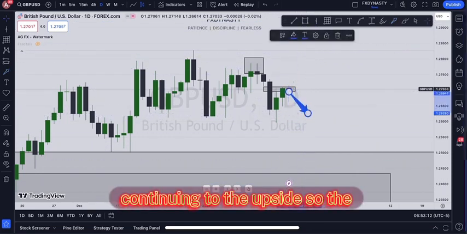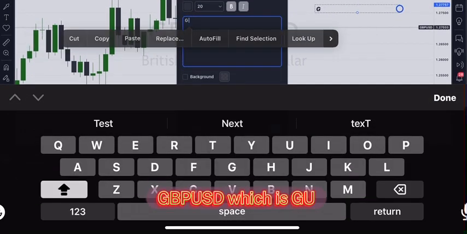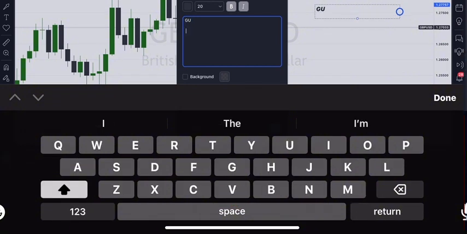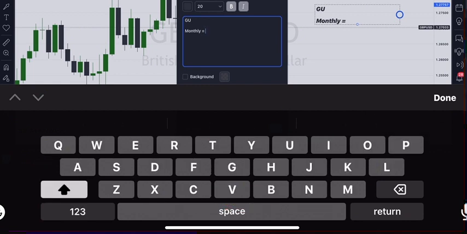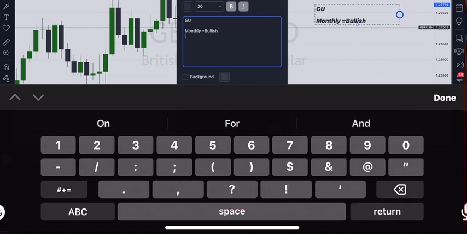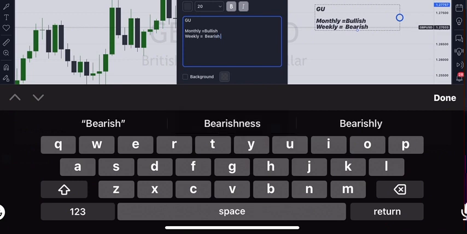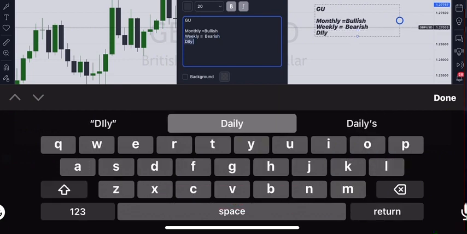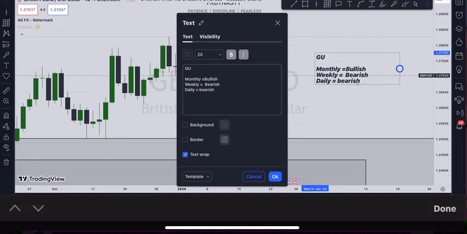So the GBPUSD, which is GU, the monthly was bullish, weekly equals bearish, then daily equals bearish.